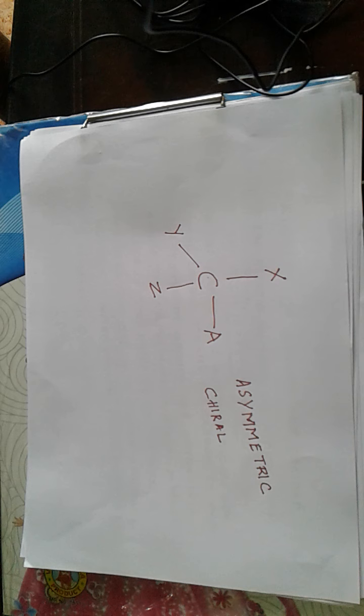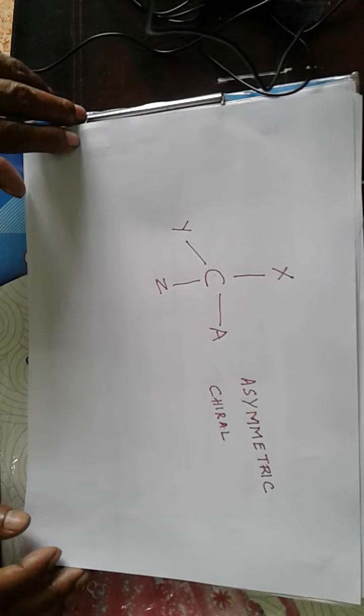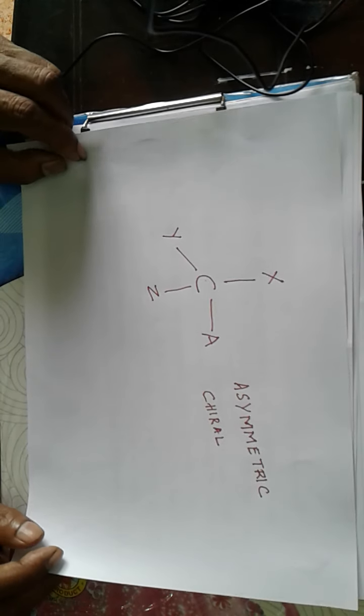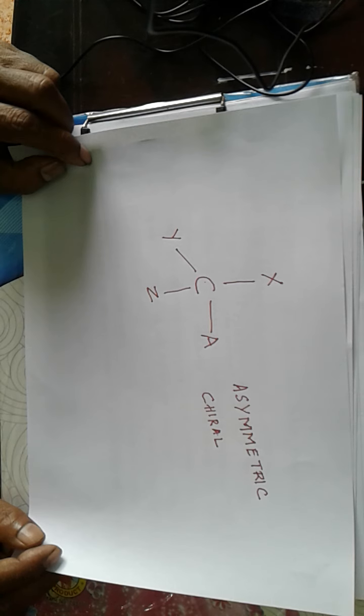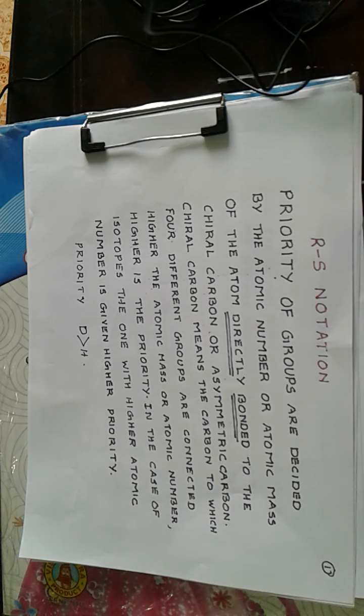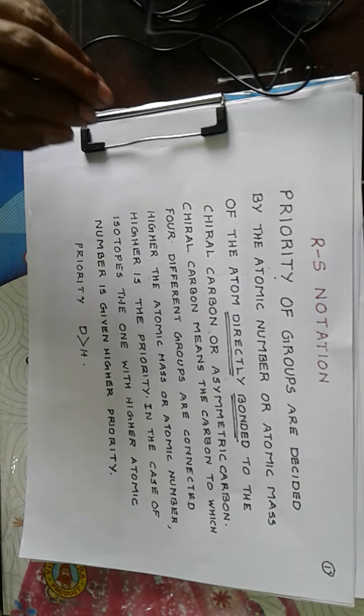Now suppose two groups with the same atom are bonded to the asymmetric carbon, then the priority is decided by the next atom bonded to the first atom. Now in the case of isotopes binding to the asymmetric or chiral carbon, the isotope with a higher mass number is given preference, not the isotope with lower mass number.